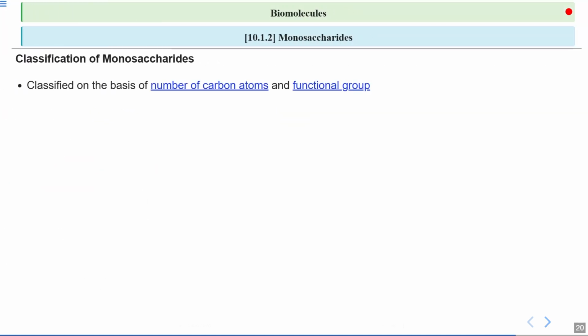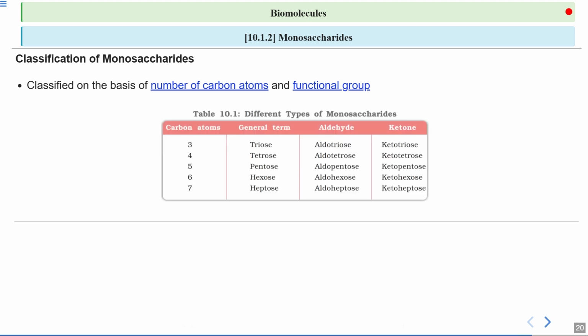Now moving on further, monosaccharides are classified based on two things: the number of carbon atoms they have and the type of functional groups that are present. Look at this table, the number of carbon atoms and types of functional group lead to different categories.